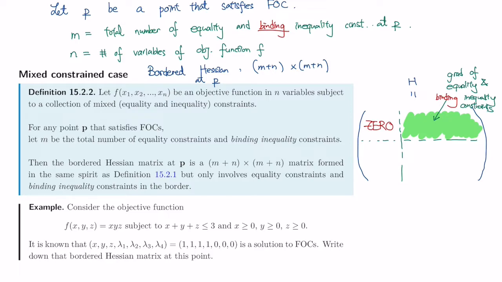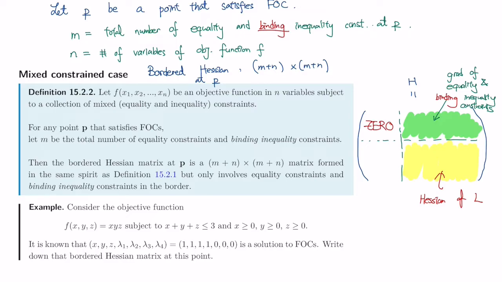Okay? And then the right hand bottom corner, as usual, is given by the Hessian matrix of the Lagrangian. Okay?